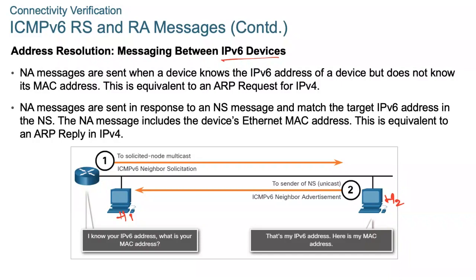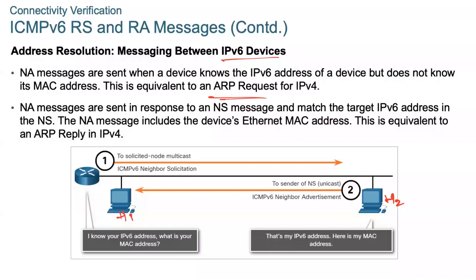So in that case, the address resolution protocol is requested. We'll talk about this more after this topic. The NA messages are sent in response to the NS messages, to the sender of the NS, as unicast, that is one-to-one. So these neighbor advertisement and neighbor solicitation messages will be exchanged.